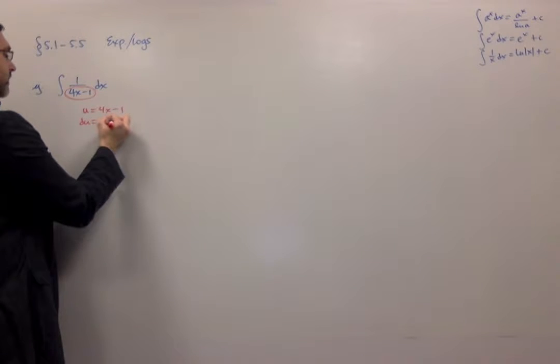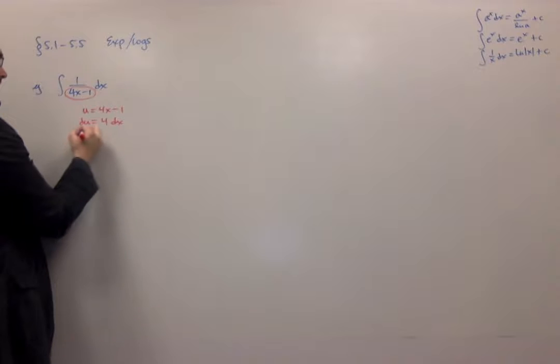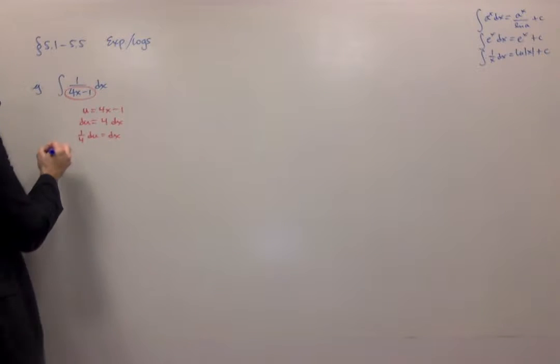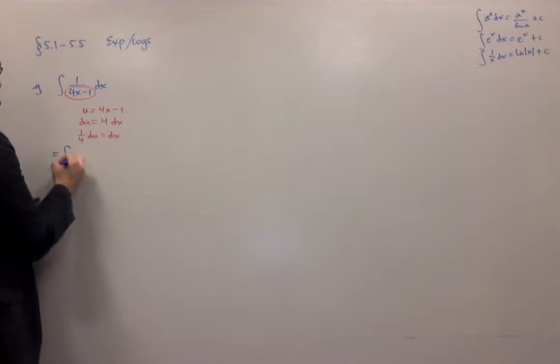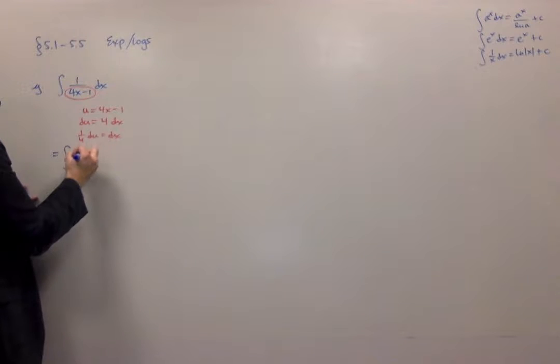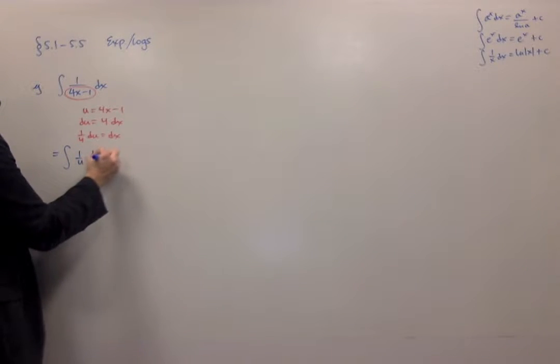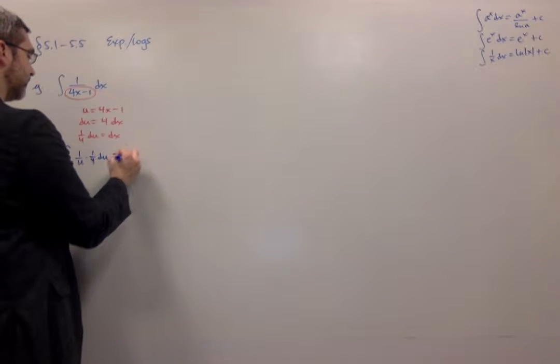And so du is going to be the derivative of all this, which is just 4 dx. And if I bring that 4 over to the other side, 1/4 du is dx. So now what I'm looking at here is 1 over u, and then I've got a 1/4 du. That 1/4 just comes out of the integral.